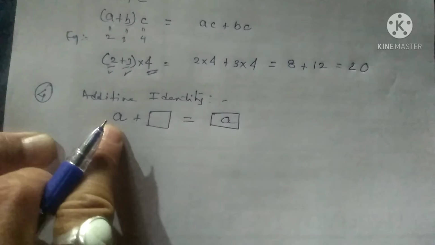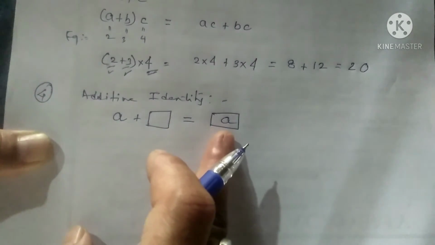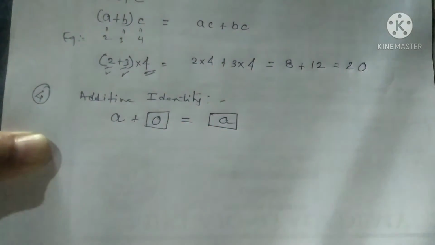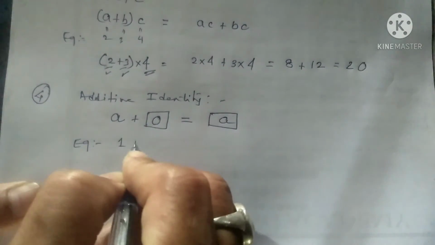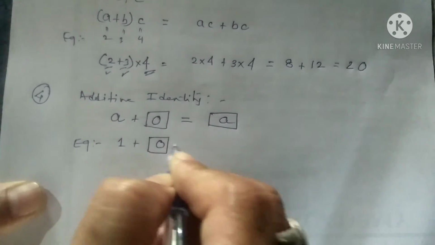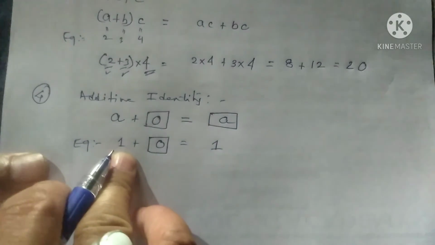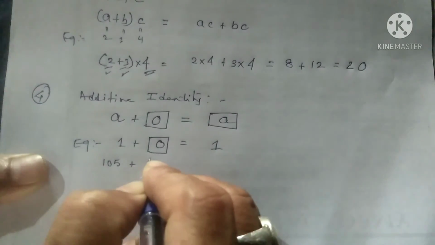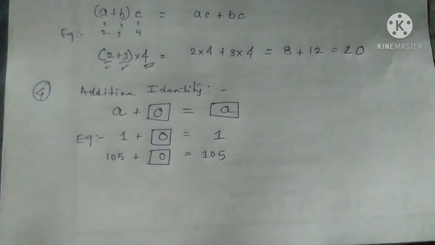That is nothing but 0. If we add any number with 0, we get the original number. Here we consider an example: 1 plus 0 equals 1. So 105 plus 0 will always give us 105. This is the additive identity.